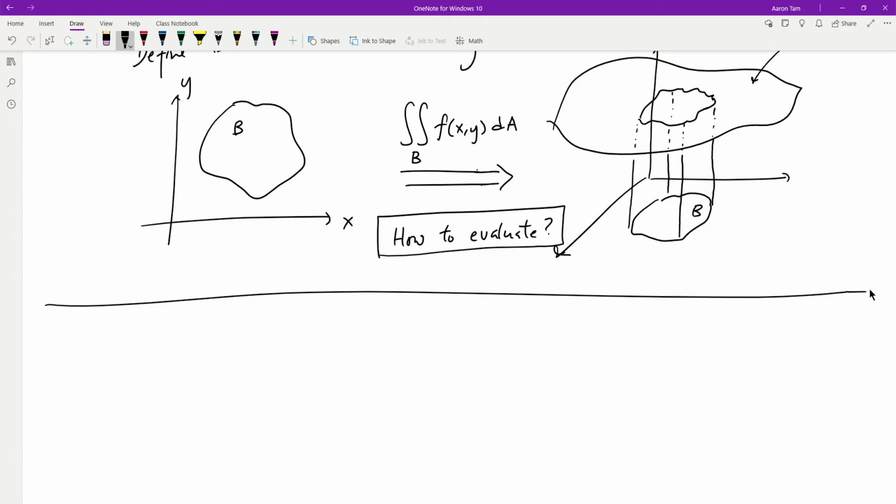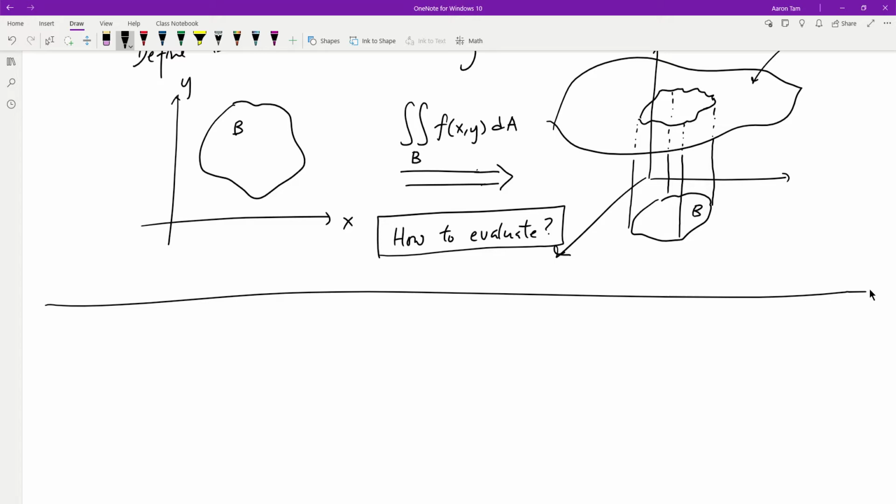If I have a region B as my region of integration, how do I actually describe this region B mathematically? I can draw it out, but that doesn't help if I cannot quantify the region in some mathematical notation; I can't really calculate with it. For an integral from BC calculus it's very easy because it's only one-dimensional, so it's just a line segment.